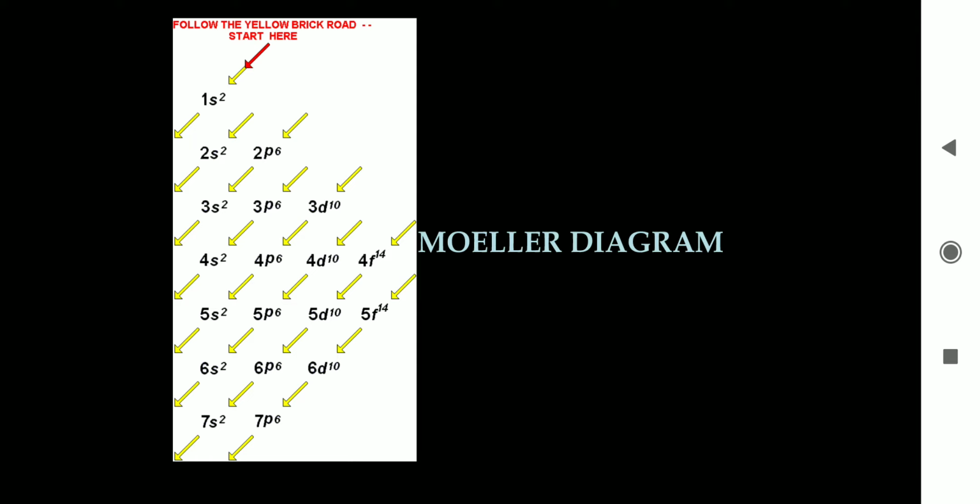The order of energy of various orbitals is known easily from the Moeller diagram. The energy of orbitals increases in the direction shown by the yellow arrow marks.